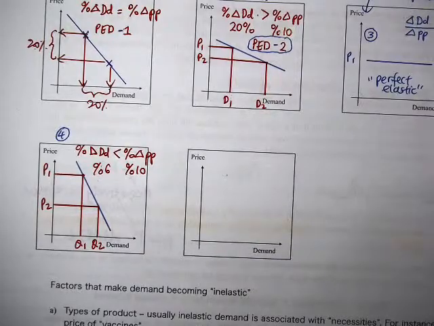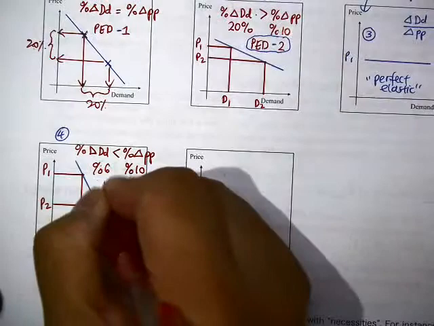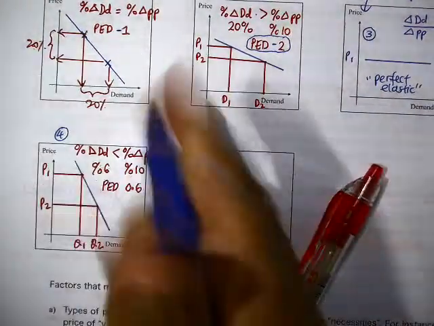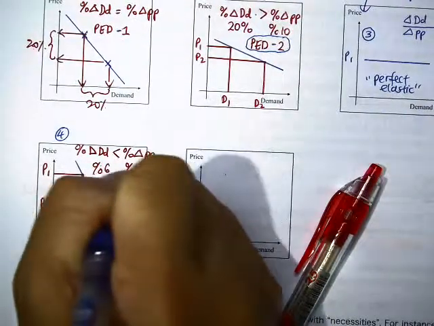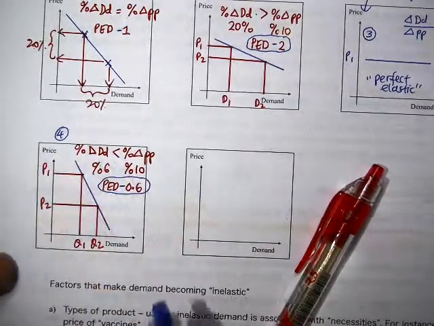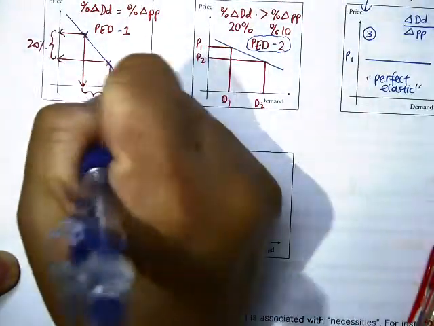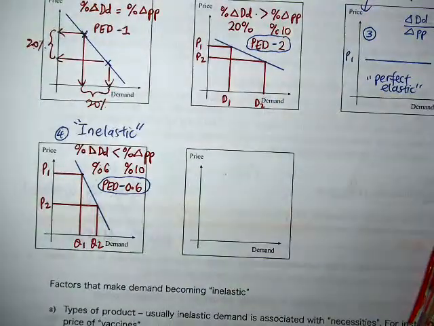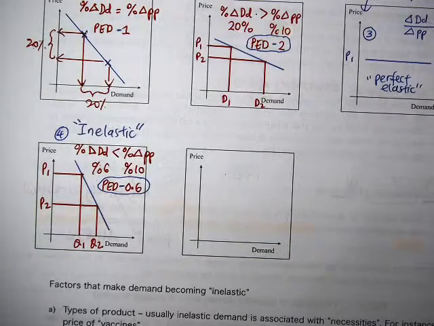When you take 6 divided by 10, you realize that your PED becomes 0.6. Of course you still put a negative there. This kind of PED, when the change in demand is smaller than the change in price, is called inelastic.